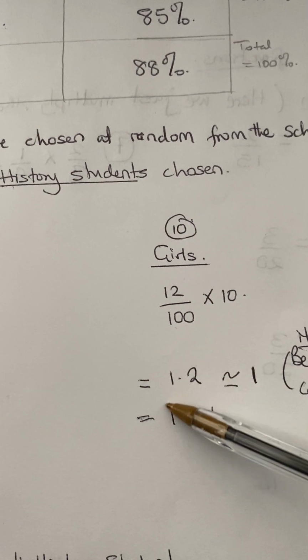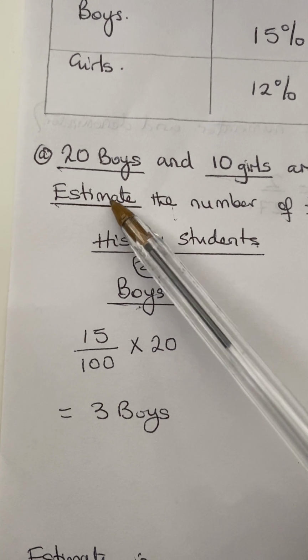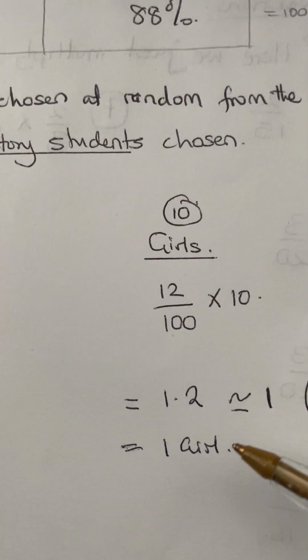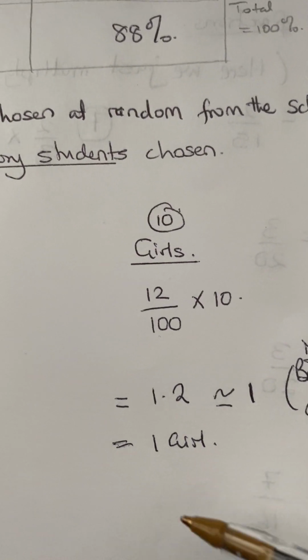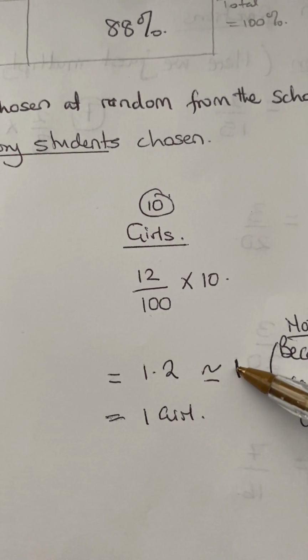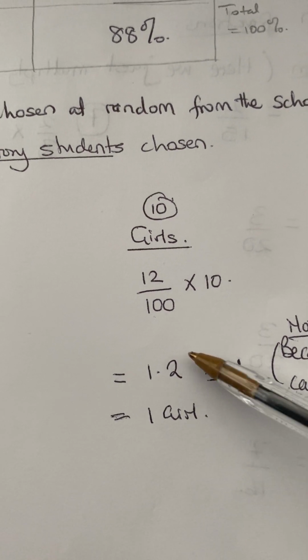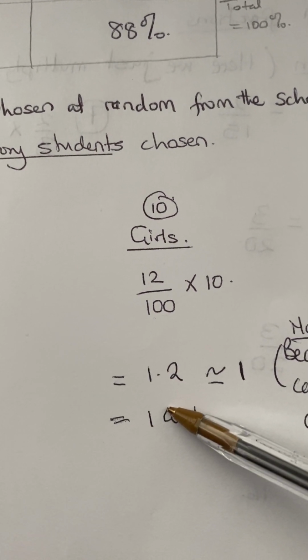Now 1.2 girls, I can't have 1.2 girls. So this is where the word estimate comes in. So it's either 1 or 2. But because it's 1.2, I'm going to approximate it to 1, to the nearest whole number. So I'm going to choose 1 girl.